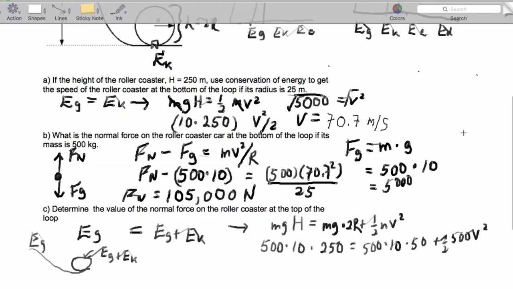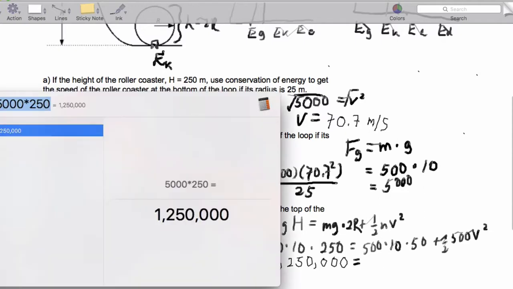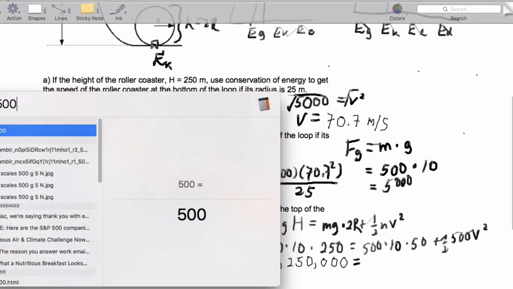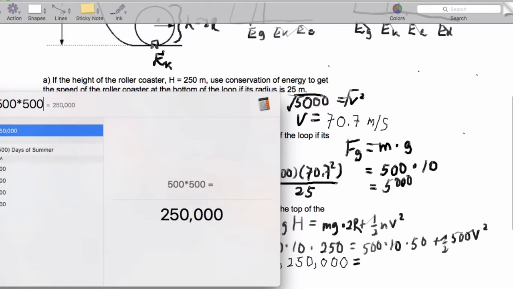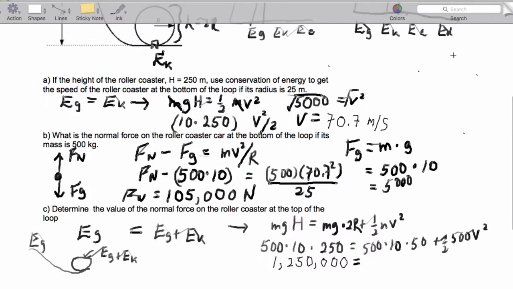So I'm getting 1,250,000. And then 500 times, all right, am I getting 250,000?